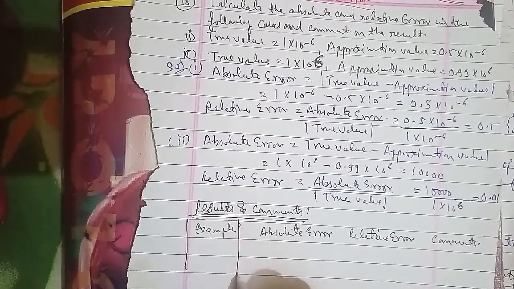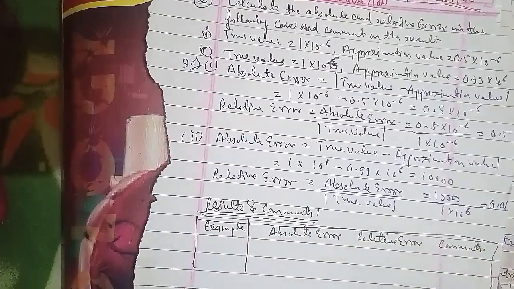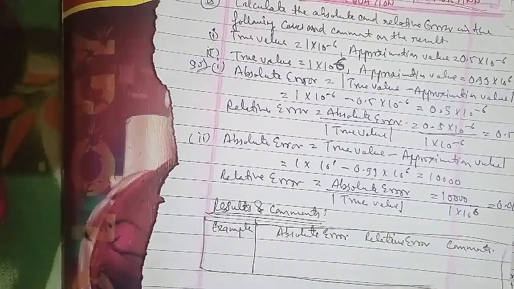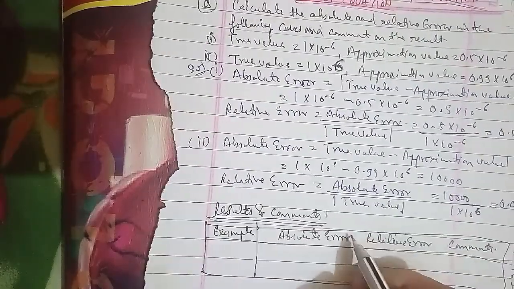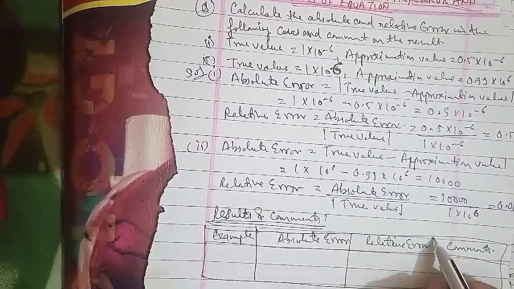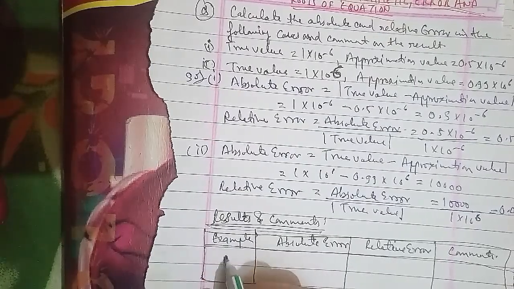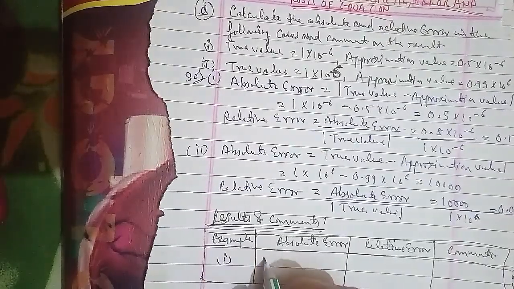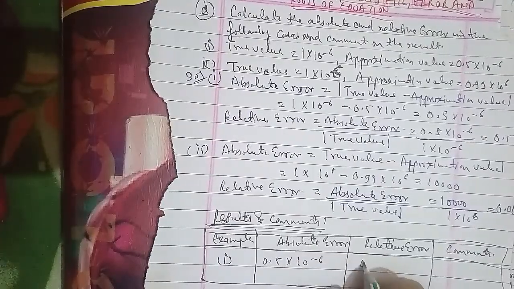For the first one, the absolute error is 0.5 into 10 to the power minus 6 and the relative error is 0.5. The comment is that the relative error is more. For the second one, the absolute error is 10,000 and the relative error is 0.01, so the relative error is less.